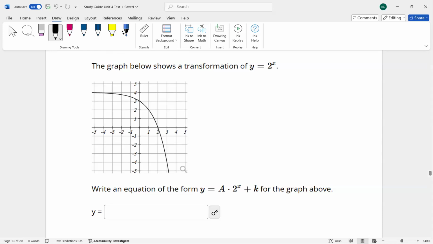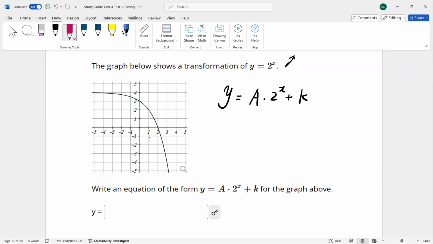So the new function is going to be y equals a times 2 to the power of x plus k. What happened is, so this is increasing, right? Since the function we have here is decreasing, I think it has been flipped.